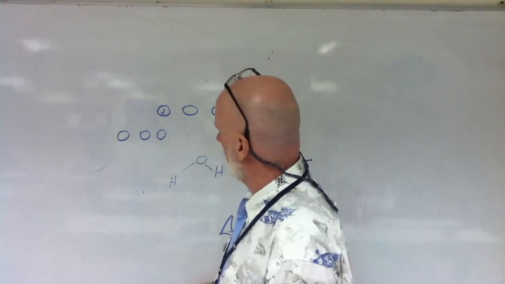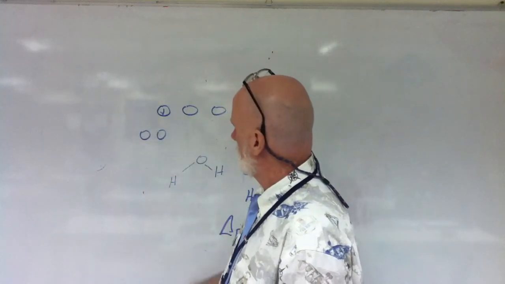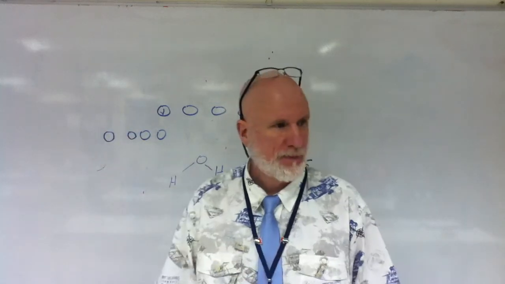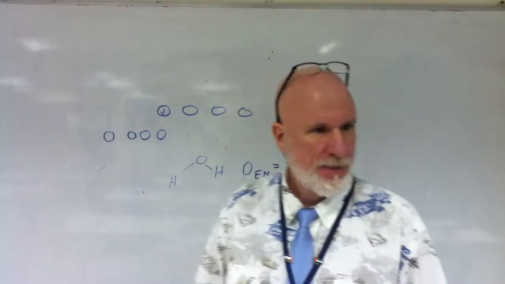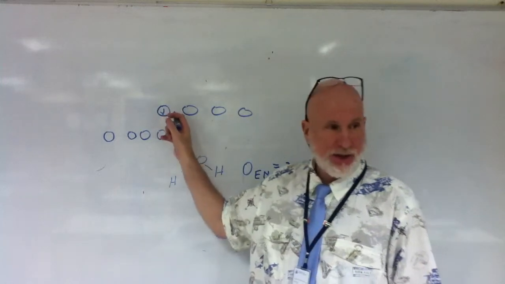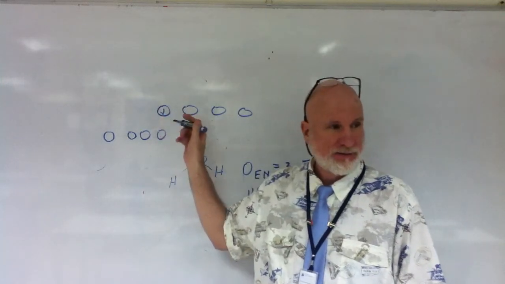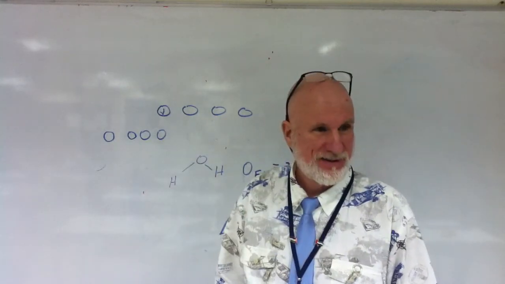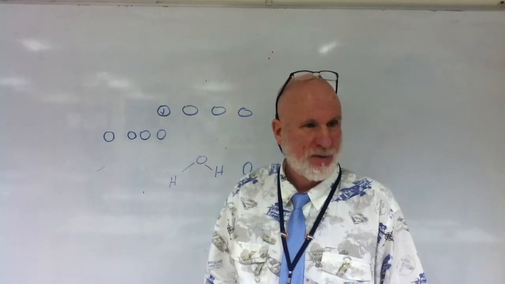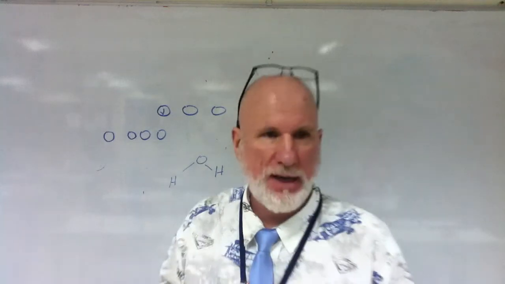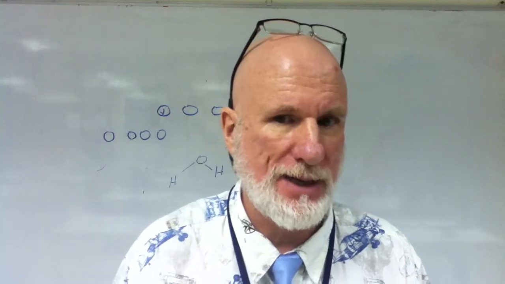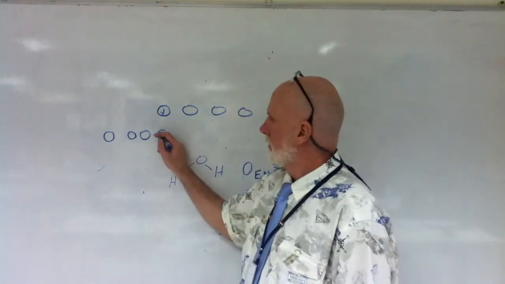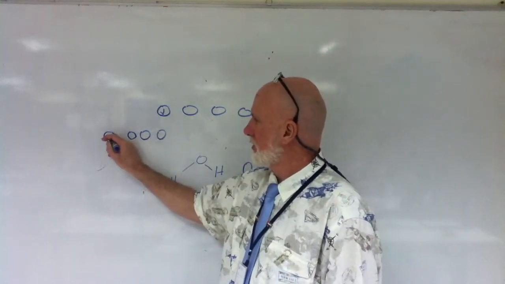Hydrogen has one electron, that's an S. Someone asks, how would you know if it's a covalent bond? Well, that's what we're trying to determine. That's one of the points I'm trying to make.